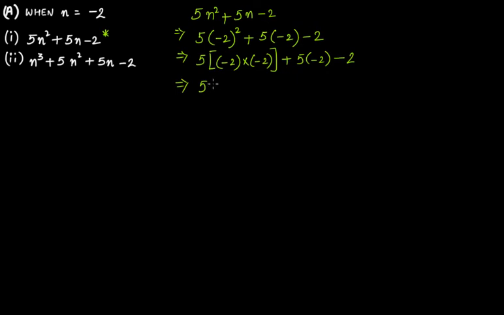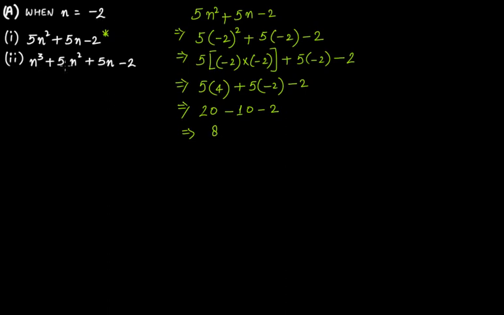So 5 times 4 plus 5 times minus 2 and minus 2. If you solve it, 5 times 4 is 20. 5 times minus 2 is minus 10. This is minus 2. If you solve this, you get 8. So the value of this expression when n is equal to minus 2 is 8.